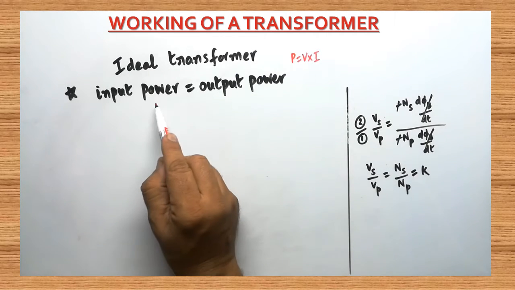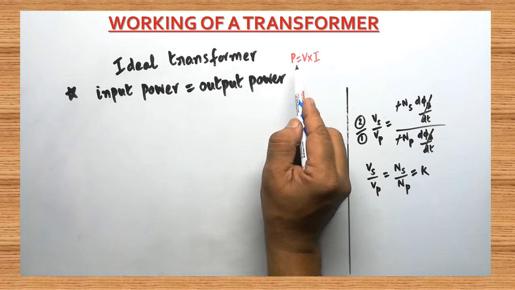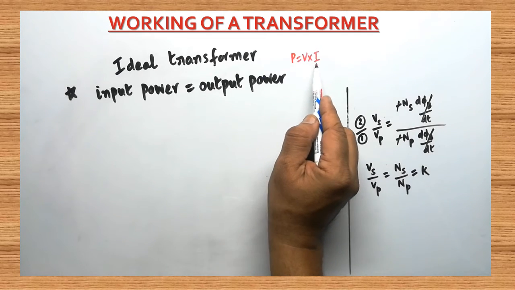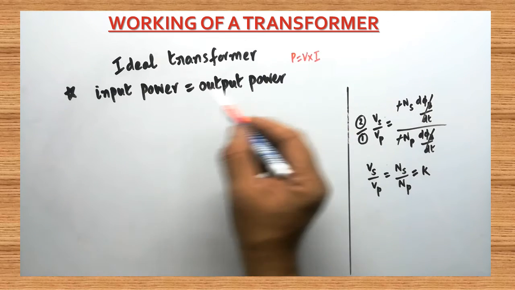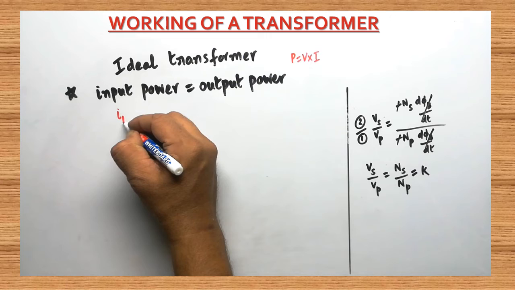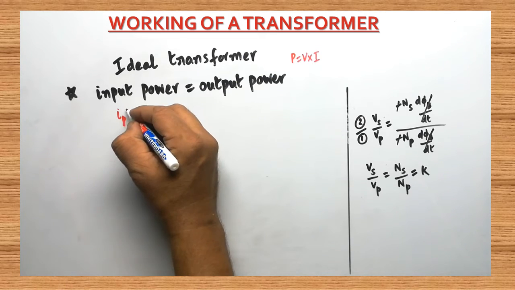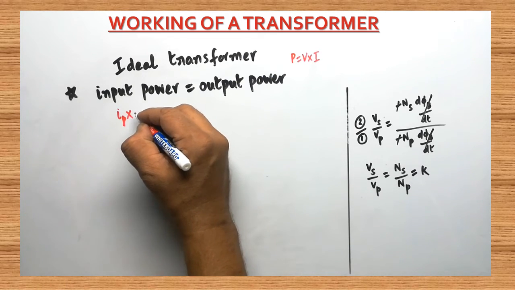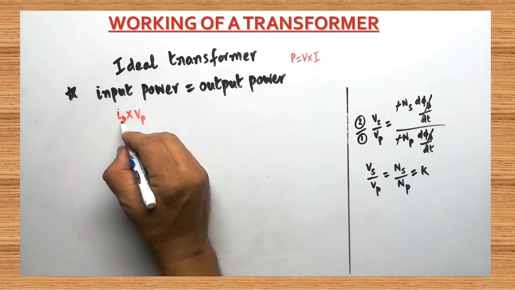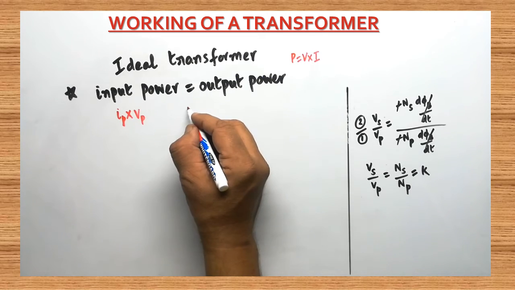So what is power? Usually the power in any circuit can be calculated by the product of voltage and current. So in the primary circuit, how much current is flowing? Ip amount of current is flowing. Ip must be multiplied with the voltage across the primary. Ip is the current passing through the primary coil, Vp is the voltage across the primary coil.